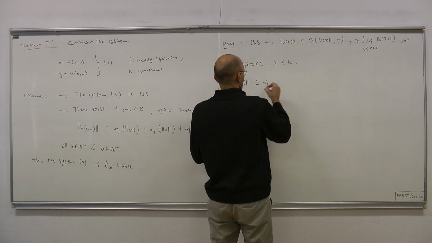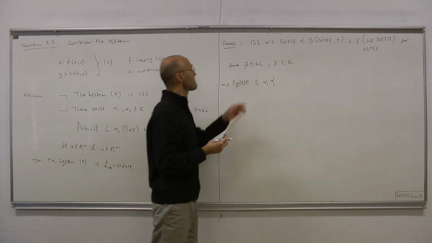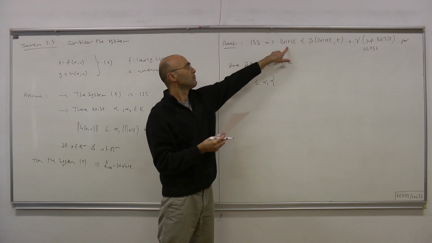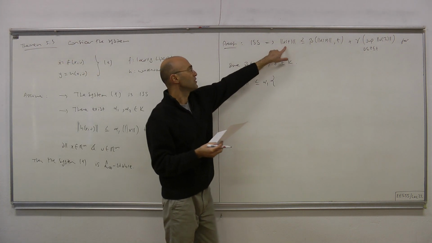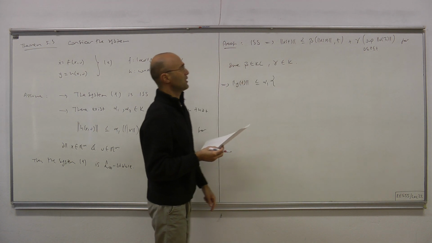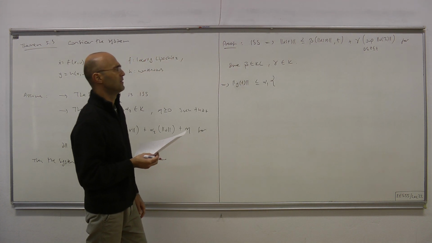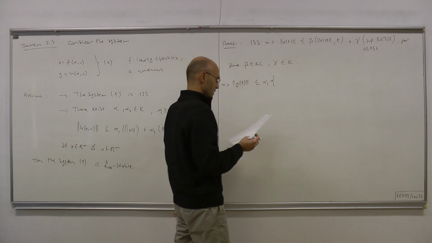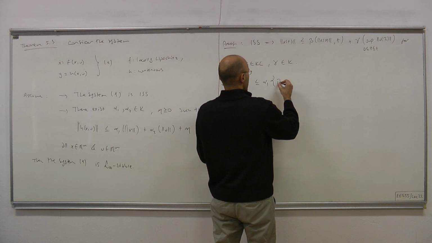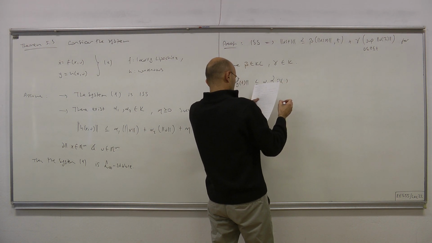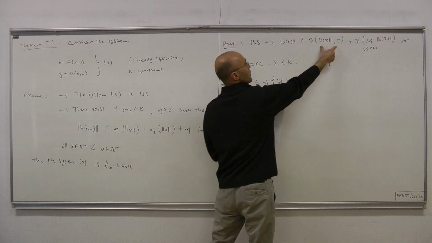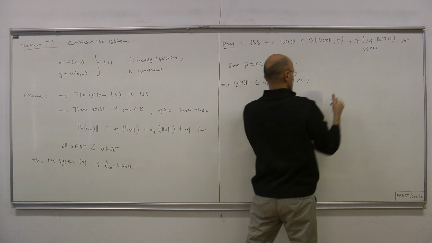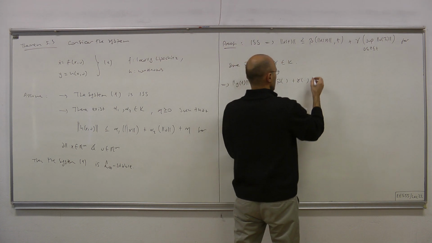So alpha 1 of norm of x of t, and norm of x of t is upper bounded by that class K estimate and the class K function gamma. So we have that beta term and we have the gamma term. Inside beta we have this, and inside gamma we have that supremum of the input.